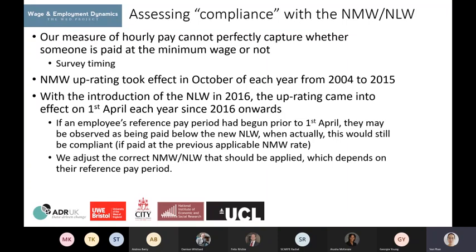As you know, the minimum wage uprating took effect in October every year from 2004 to 2015. But with the introduction of the national living wage in 2016, the uprating came into effect on the 1st of April each year onward.